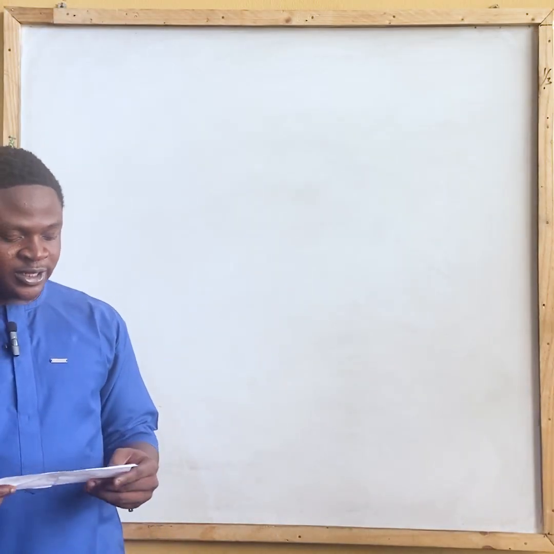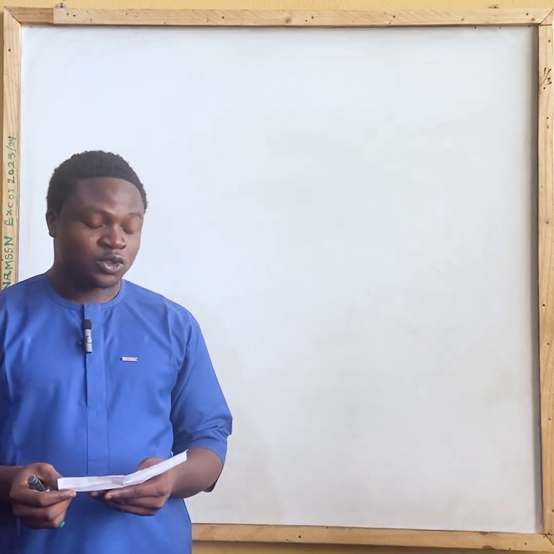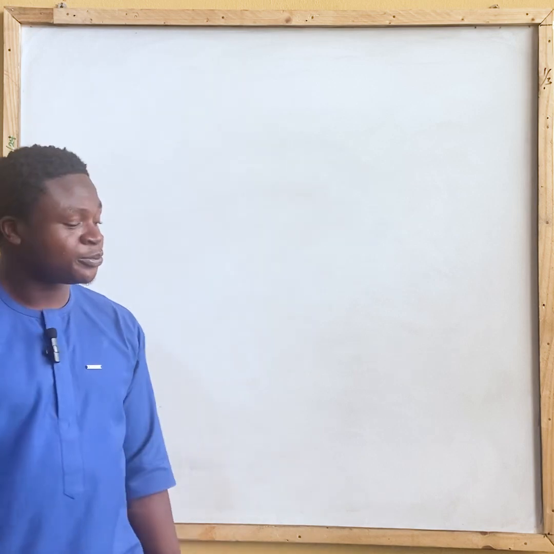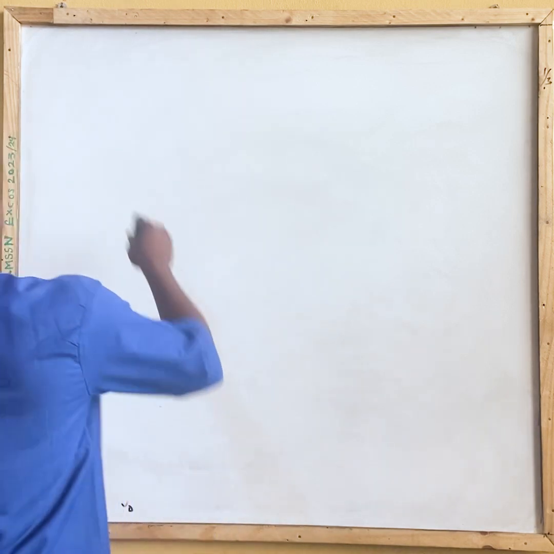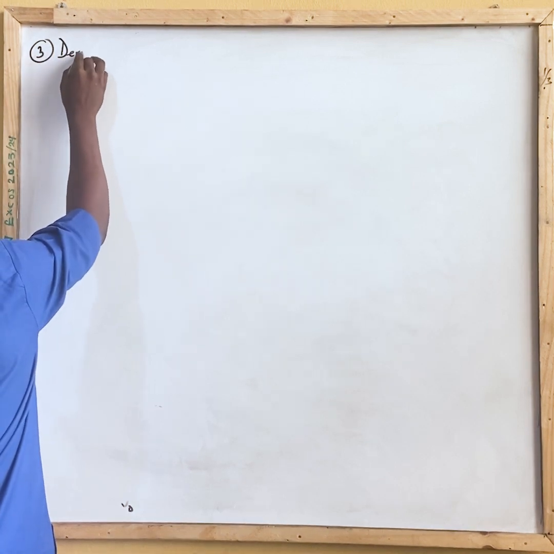Alright, for question 3, we're asked to use the Newton-Cotes formula to derive the Simpson 1/3 rule.